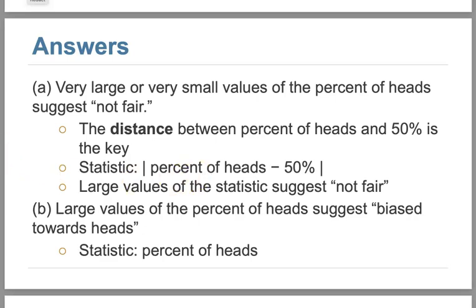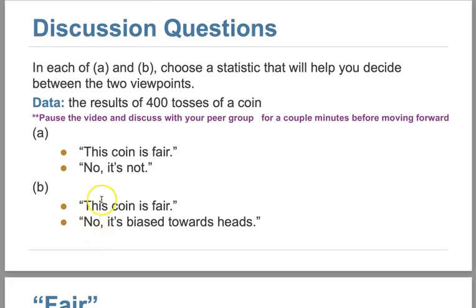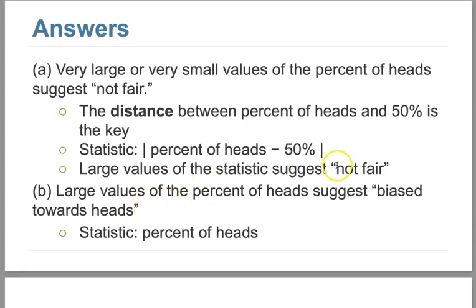But for the second one, B, let's look at B again. In B, the model still says the coin is fair, but the alternative viewpoint is biased toward heads. So in B, we don't necessarily need to find the distance. Instead, we can just consider the percent of heads. If the percent of heads is close to 50%, then the model describes the data well and the coin is fair.